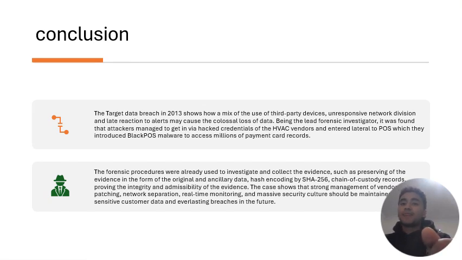These forensic procedures were used to investigate and collect the evidence, such as preserving the evidence in its original and acknowledged form, with hashing by SHA-256 and chain of custody records providing integrity of the evidence. This case shows that strong vendor management, patching, network segmentation, real-time monitoring, and a proactive security culture should be maintained to protect sensitive customer data and prevent breaches in the future.